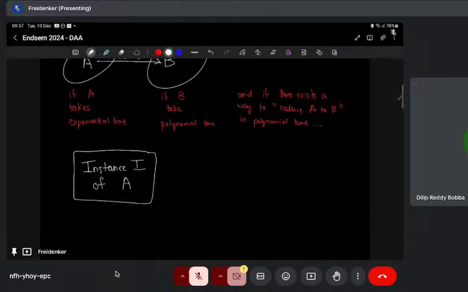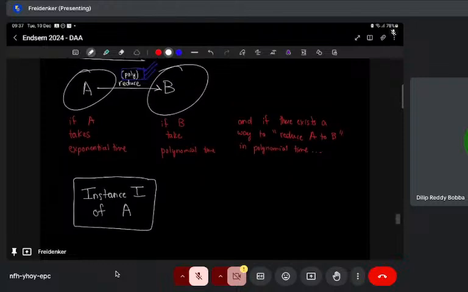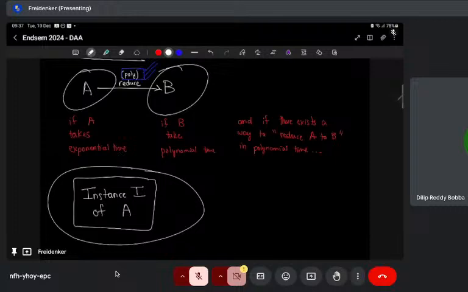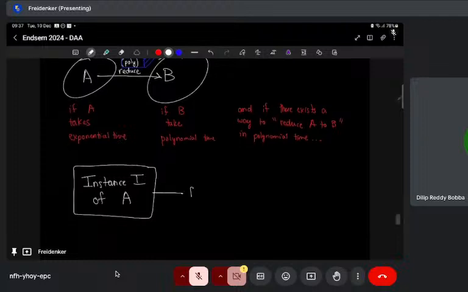Before I give it to B, B must be in a condition to understand whatever is the input of A, right? It can't directly take it. For example, if the input of A is a graph and if the input of B is a number, B can't take a graph as an input, right? You have to convert this graph into a number. So there comes reduction. There will be some function f that's going to convert this graph to a number.